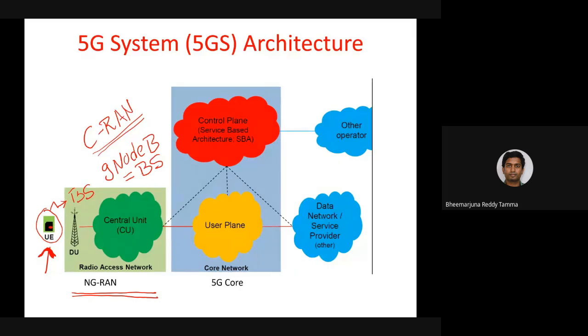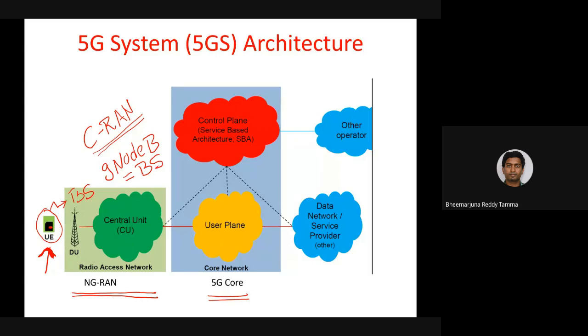Then the base stations are in turn connected on the right-hand side to something called the 5G core network. As the name says, it is like the heart of the operator's network, which does all kinds of activities like registration of the users and billing related issues.